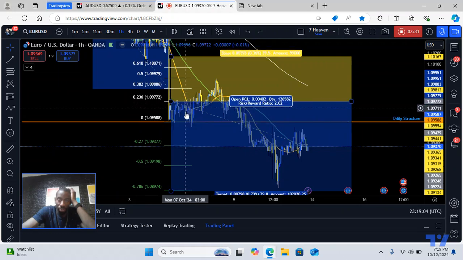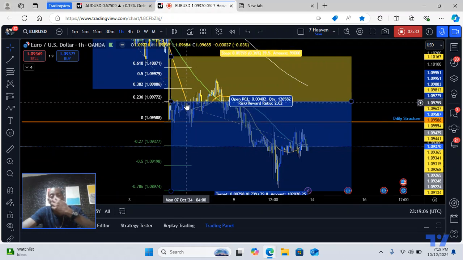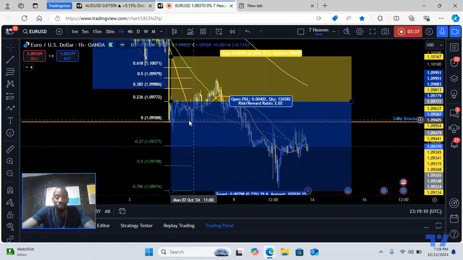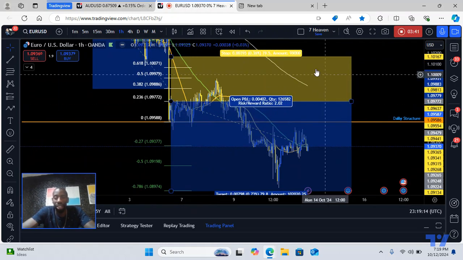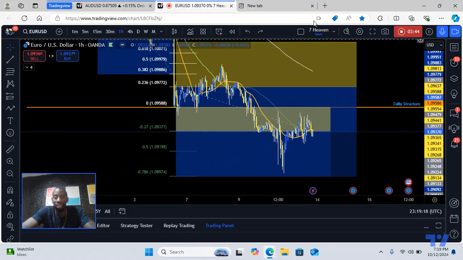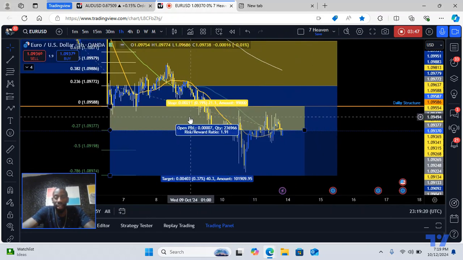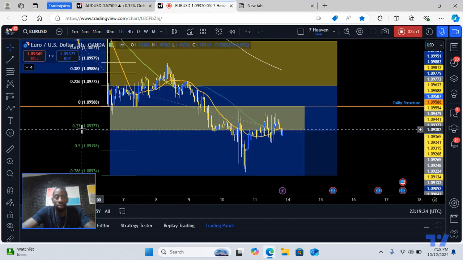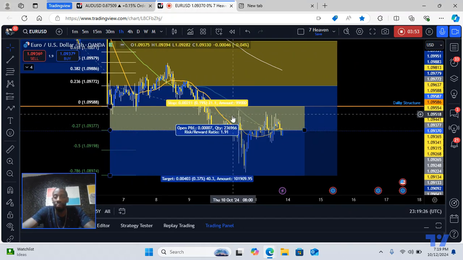So I'm a little bit in profit because this would have been an original entry. And if it comes up and tags me at the 0 point, then that's officially stopped out. For this instance, we don't have that. So this would have hit this negative 27, obviously, and my stop loss would be up here.